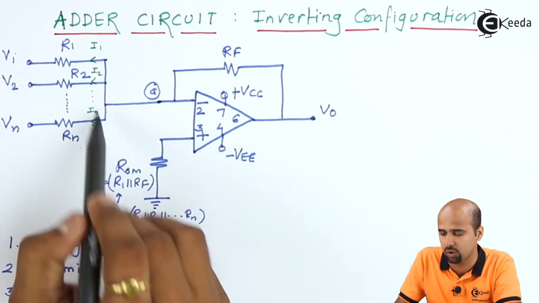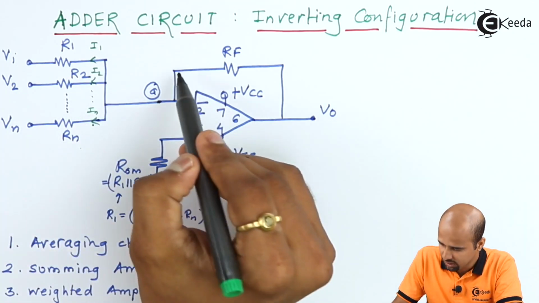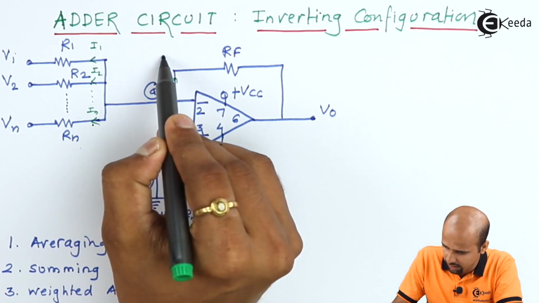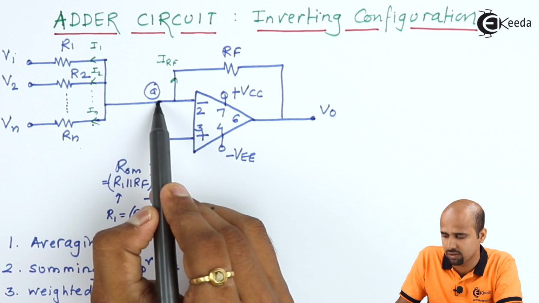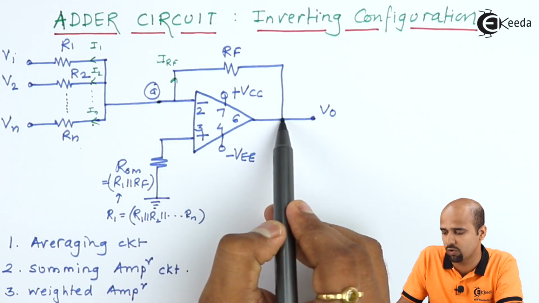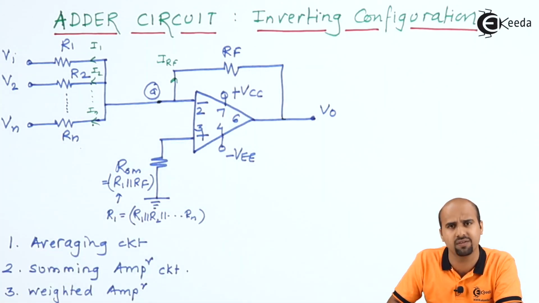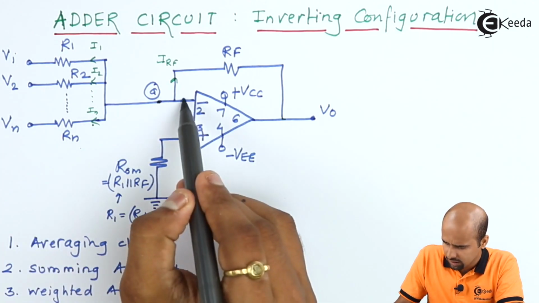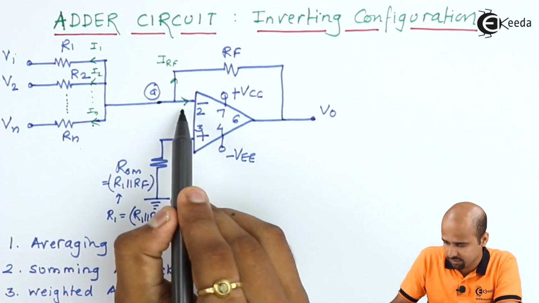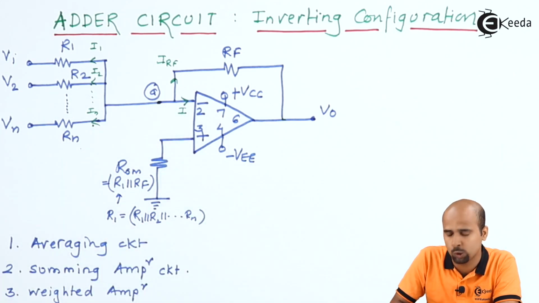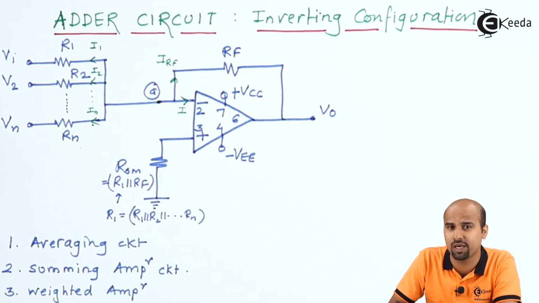The current flowing through RF, let's say IRF, is nothing but this node's voltage minus the other node's voltage divided by RF. Simple. The current going into the operational amplifier, we will call I, and we will neglect it as the input resistance is infinite.